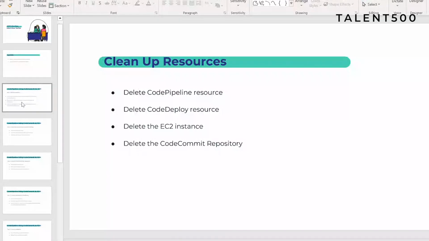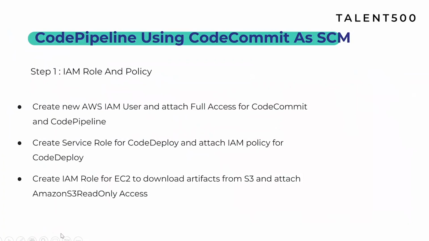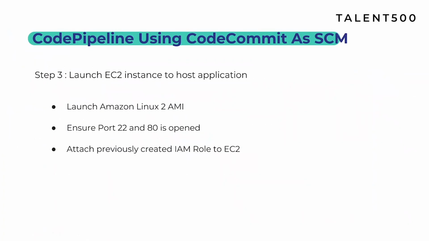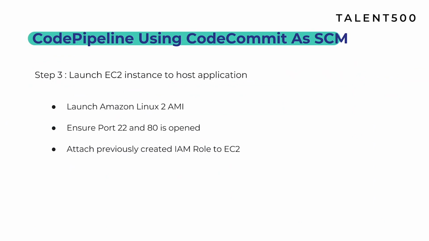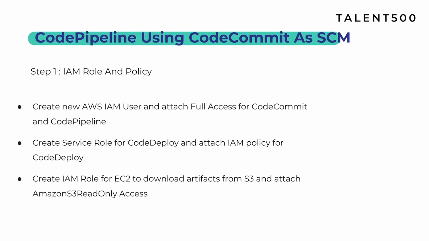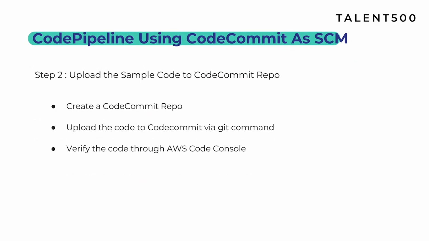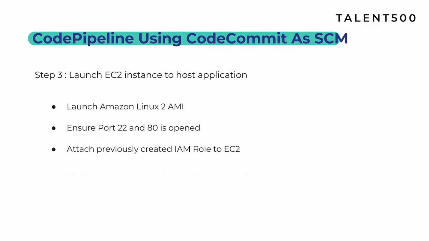So the first step was all about the users which you had to create. Then the sample code and EC2 instance: remember to open port 80 and attach the role which you had created in step one. That role had two policies, one for CodeDeploy and another for SSM manager, which helps you to deploy the CodeDeploy agent.